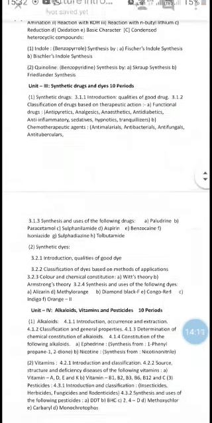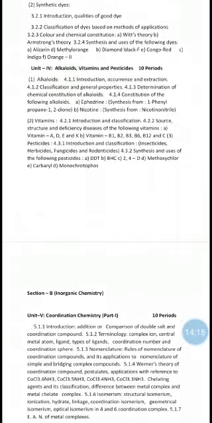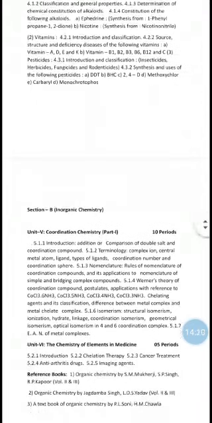So, after completion of the organic section, we will see the next section, the inorganic chemistry section. Now you know that inorganic chemistry is the chemistry of salts and minerals.